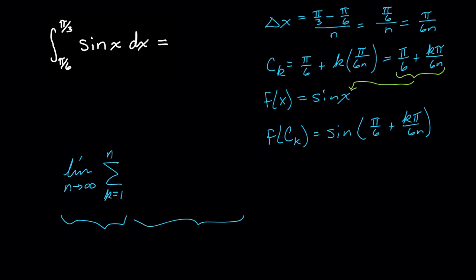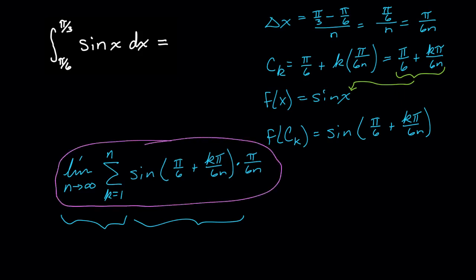And so you're going to have f of c sub k, which is this part right here, multiplied by delta x, which is this part right here. And that is your limit definition for this particular integral.